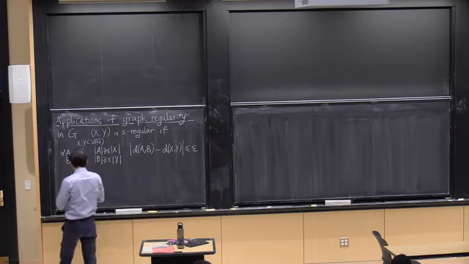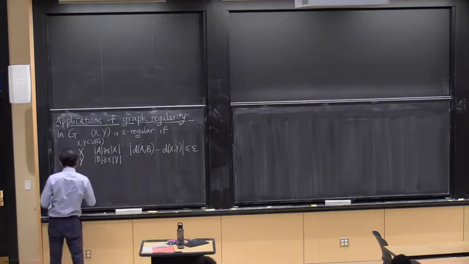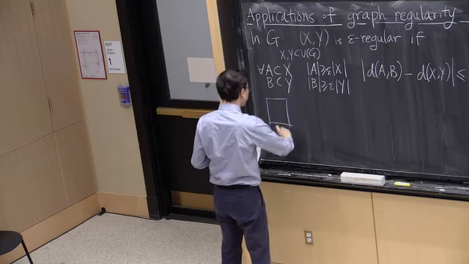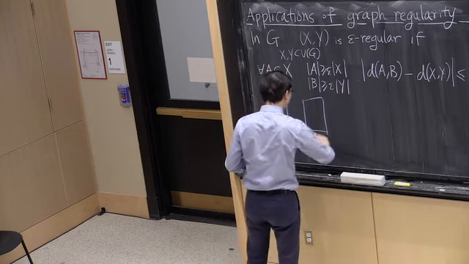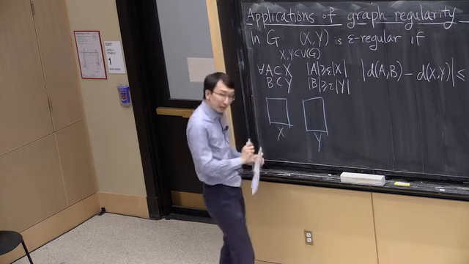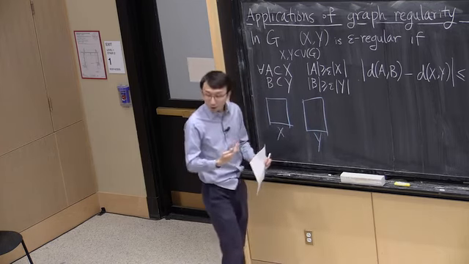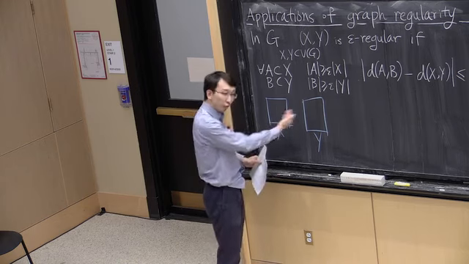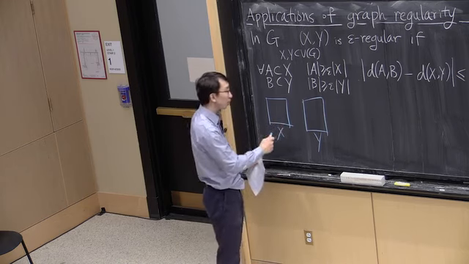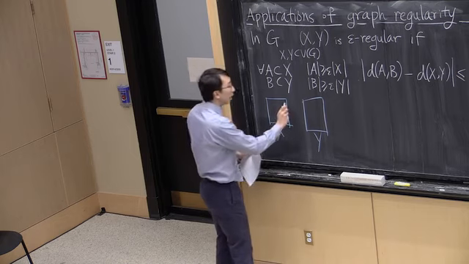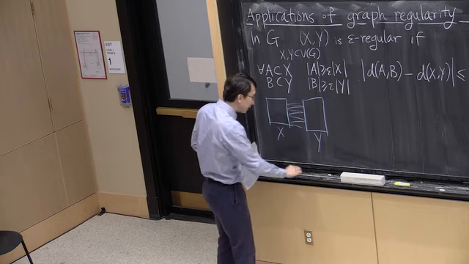Right, so we had this picture from last time. You have two sets. Now, they don't have to be disjoint. They could even be the same set. But for illustration purposes, it's easier to visualize what's going on if I draw them as disjoint subsets. So there's some edge density.